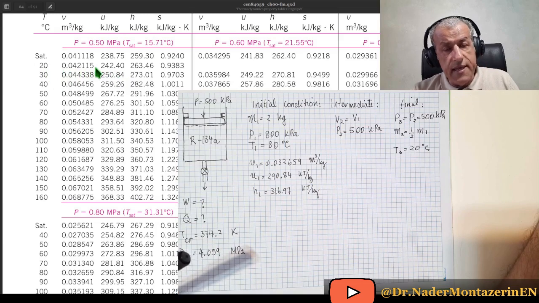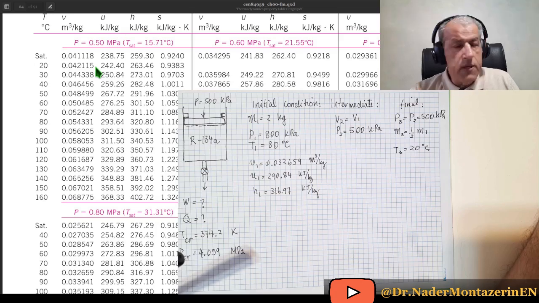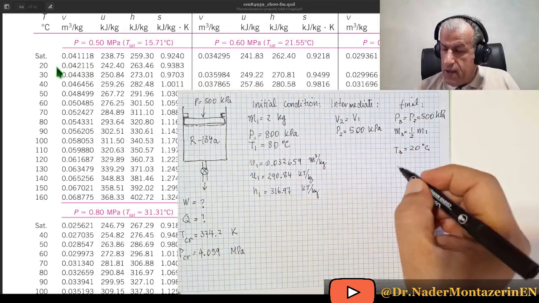It tells us that at 500 kilopascal and 20 degrees C, there's still superheat, and the properties are as follows.